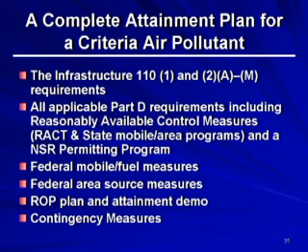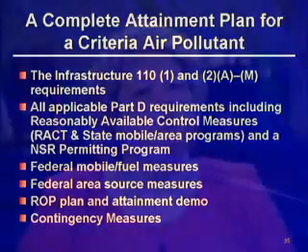It can also include some of the federal requirements, and a new source review permitting program. In this case, a new source review permitting program for major stationary sources and major modifications of that pollutant who want to locate in the non-attainment area. You also have to have a minor source permitting program as part of an attainment plan.